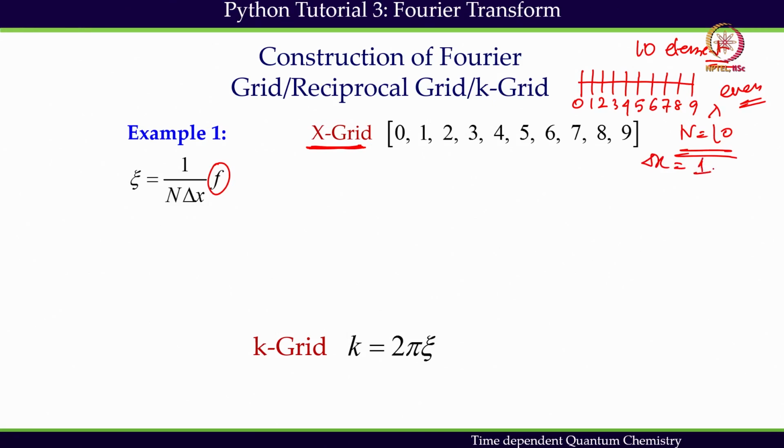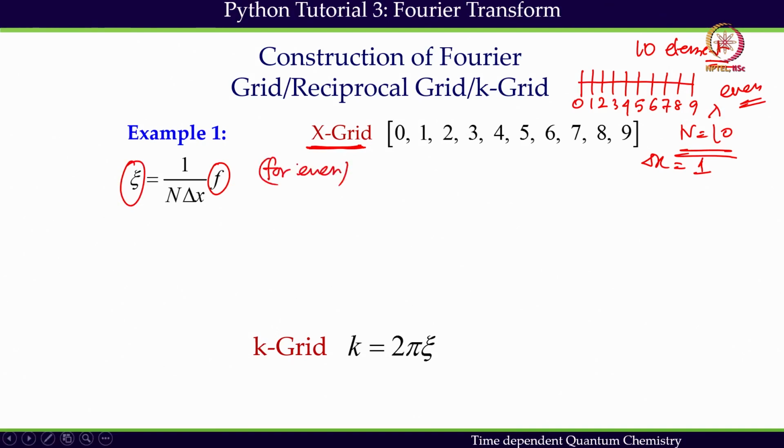These are the characteristics of the X space, X grid. First we have to do is that this FFT algorithm will give me these frequency components, and these frequency components are going to be for an even number.